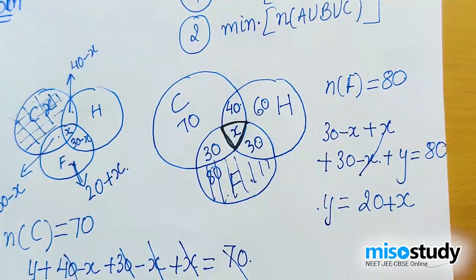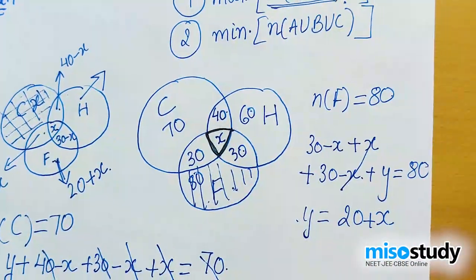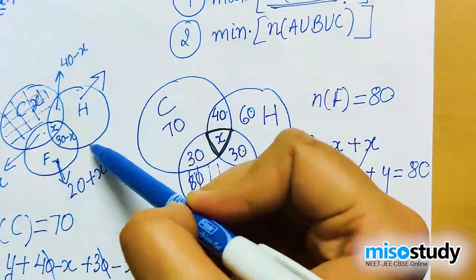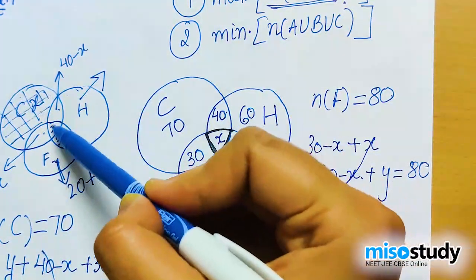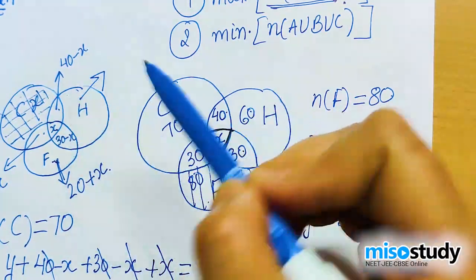In a similar way, let's find out what is this. Again, this complete is 60 and it's composed of this 40 minus X, 30 minus X and X. So let's do it orally.